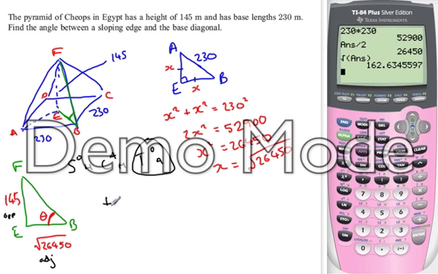So tan theta equals the opposite one, 145, divided by the adjacent one, root 26450.